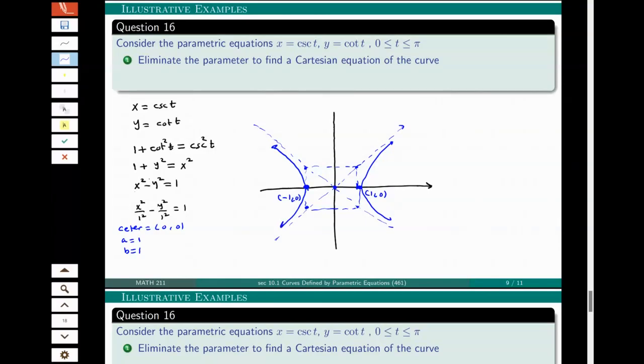Okay, now that is the graph of this equation.